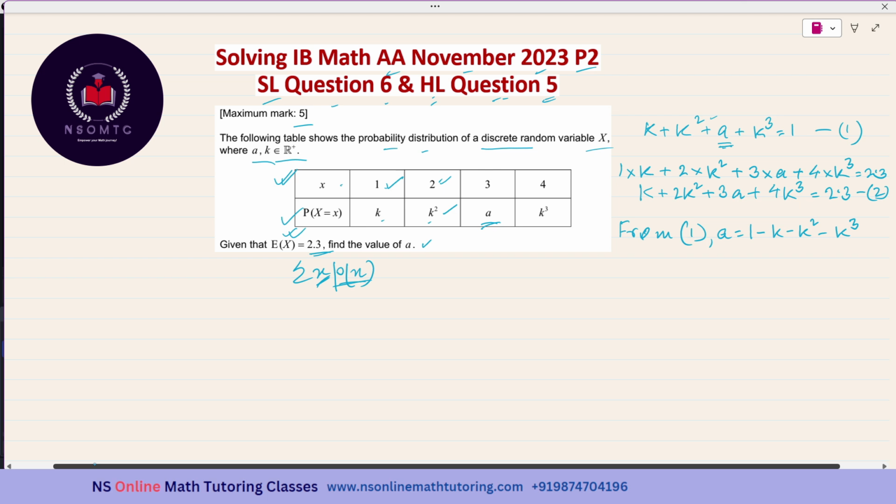Okay, and from the second equation, from 2, I get, again I'll be finding the value of a in terms of k, but I'm seeing it is 3a. So let us first of all get the value of 3a. Expression of 3a in terms of k. So it is 2.3 minus k minus 2k square minus 4k cube.